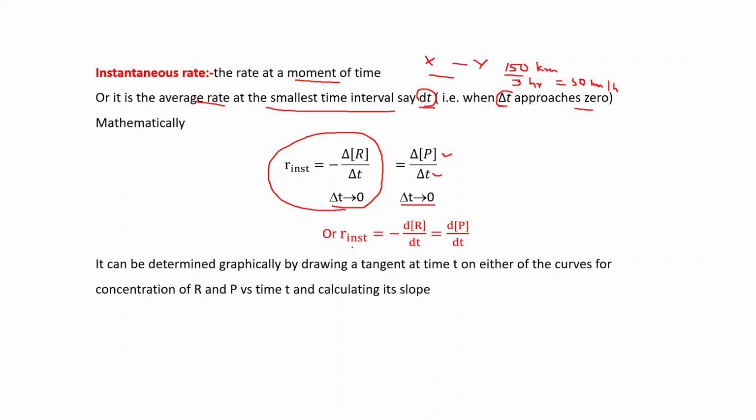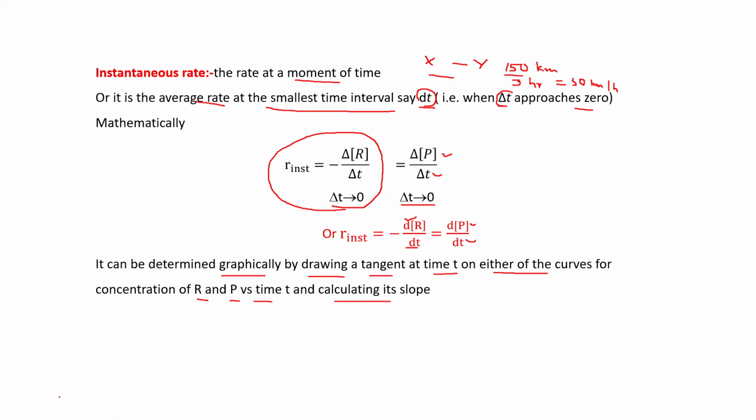We can also write the instantaneous rate as minus dR divided by dt, or dP divided by dt, where d represents a very small interval of time or a very small change in concentration. Now, how can we determine this instantaneous rate? It can be determined graphically by drawing a tangent at time t on either of the curves for concentration of R or P versus time t, and calculating its slope.